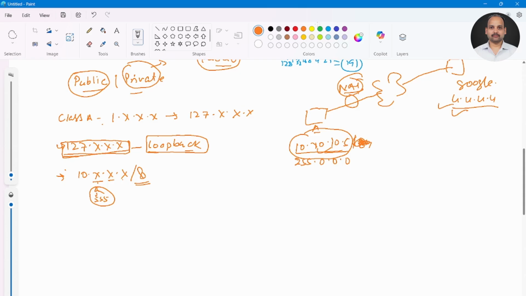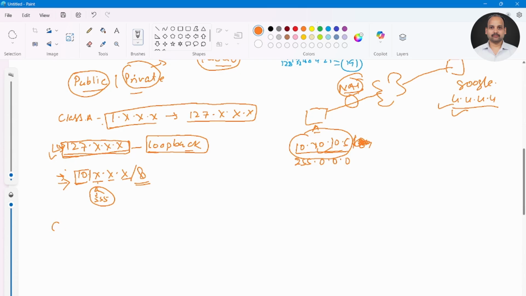The second, third and fourth octets can be anything, but your first octet will always be fixed, it will always be 10. So from class A, one range was excluded for private, one range was excluded for your loopback address, and the rest of the IPs are used for public communication. So only these two ranges were excluded from class A.